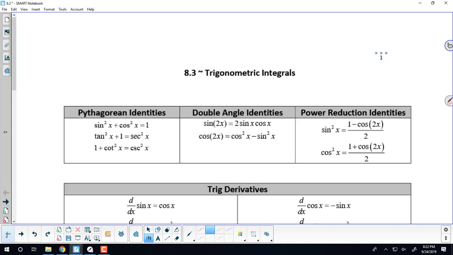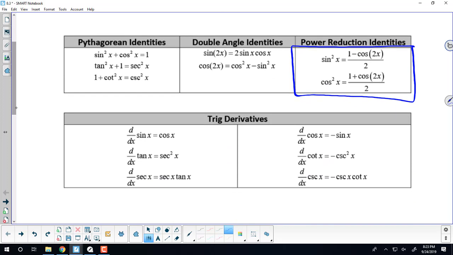So go back up to our identities. Remember these identities? We had to integrate sine squared and cosine squared. Those are the identities that show up repeatedly, multiple times, when you have to integrate even powers of sine or cosine. So these are for even powers of sine and cosine.